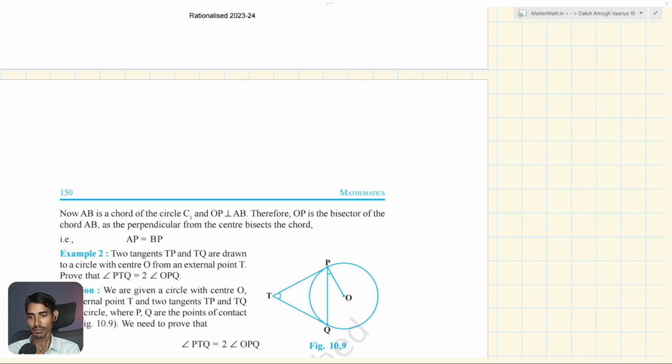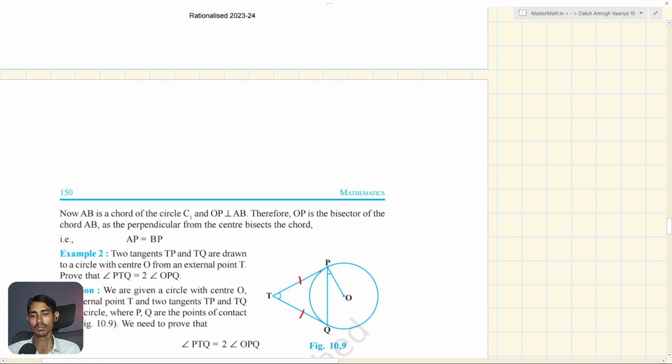Yes, sir. The question is given that TP and TQ are two tangents on the circle, PQ is a chord and OP is the radius. So we know from theorem 10.2 that the tangents from the same point are equal, means TP is equal to TQ, and in triangle TPQ, if TP equals TQ, triangle TPQ is isosceles.